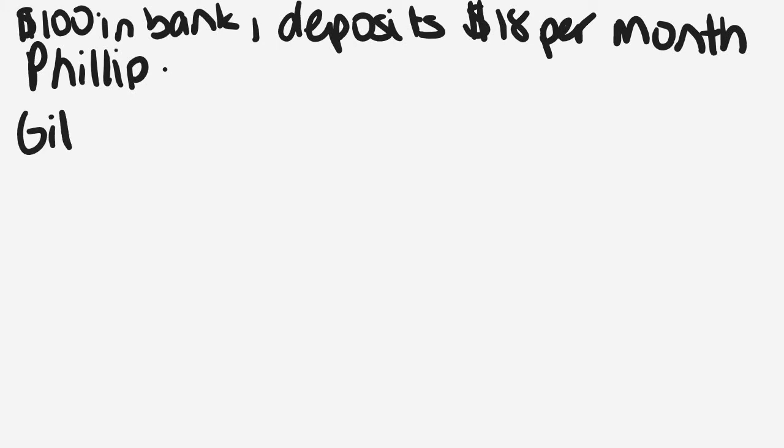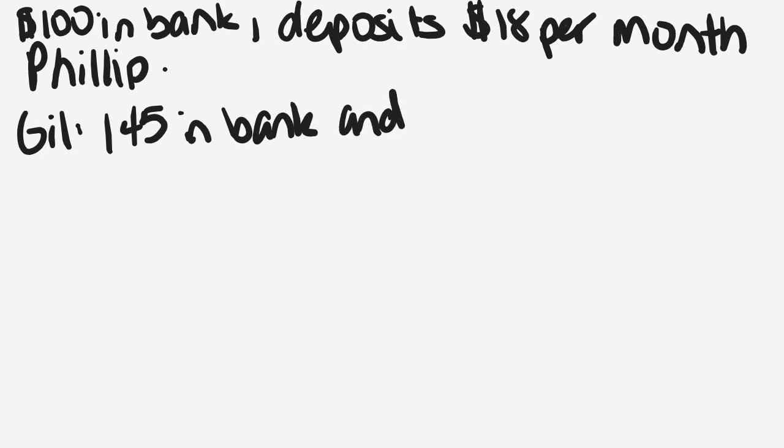All right, Gil, whatever his name is. He has $145 in the bank, and he deposits $15 a month.